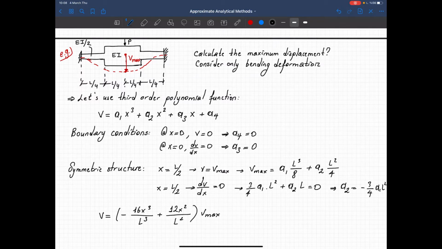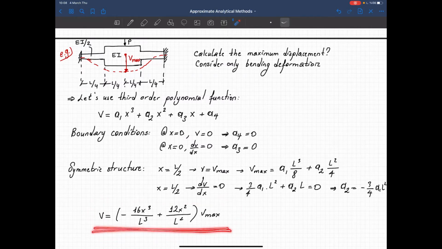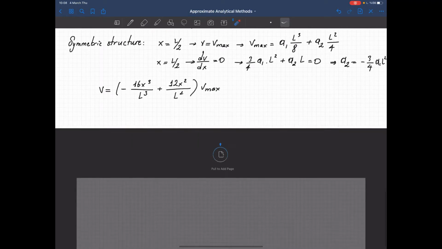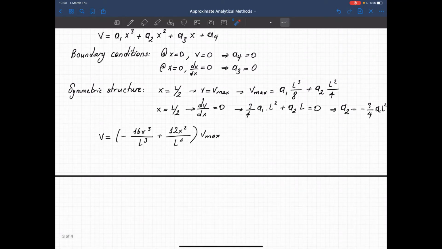Okay, so at the end of the day, that's the polynomial equation, that's my trial function, and my trial function is written in terms of the middle displacement. So this has a meaning, right? It's a displacement, and I can calculate the energy of the system.